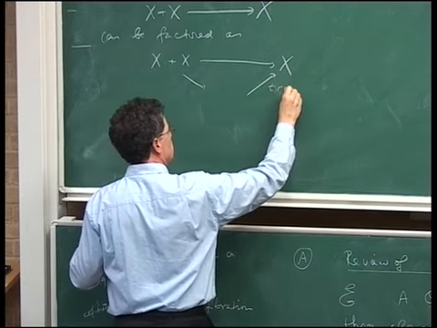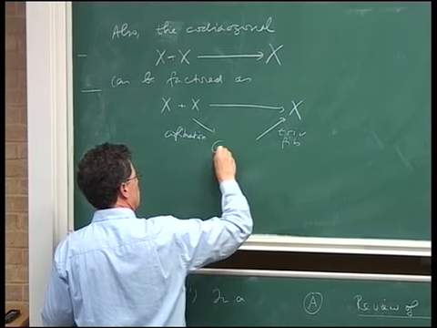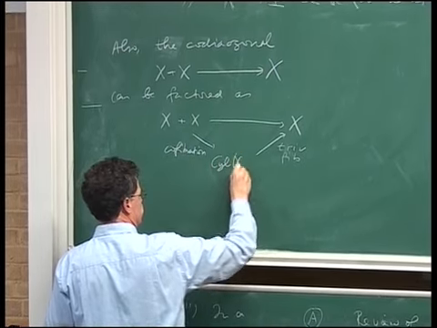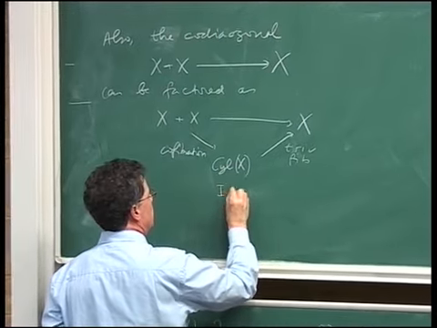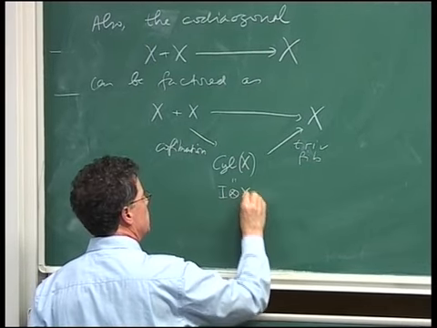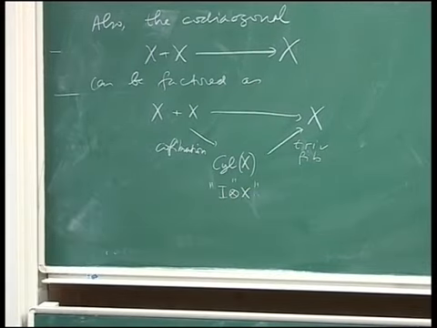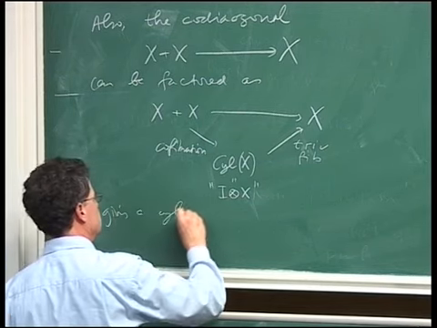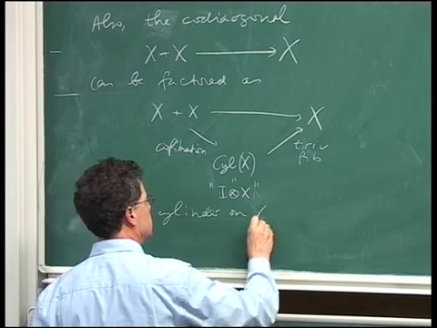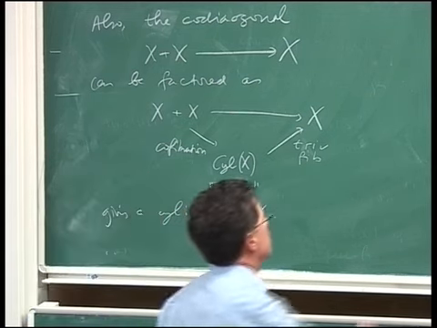Let me call this Cyl of X, the cylinder on X. You could also denote it I tensor X, even if you don't have an I and you don't have a tensor. But you should think of it as a space which parameterizes homotopies between maps from X. Okay, a cylinder for X.